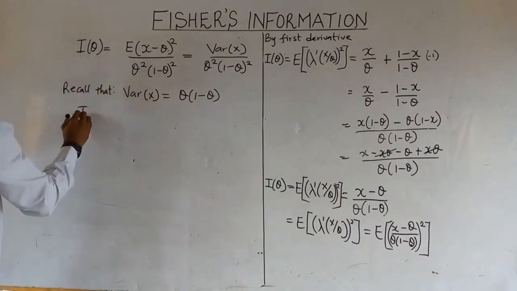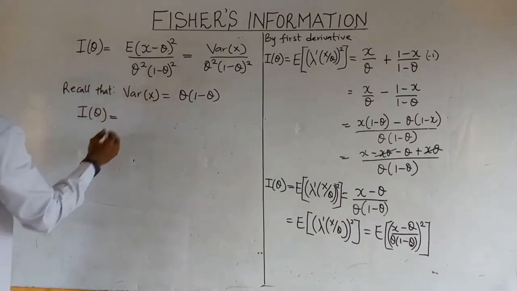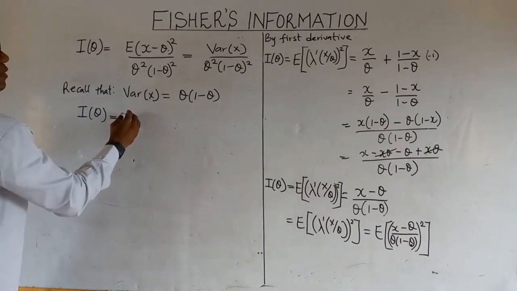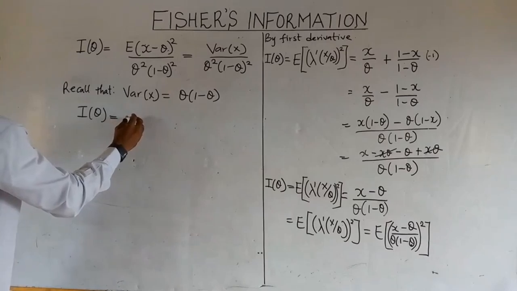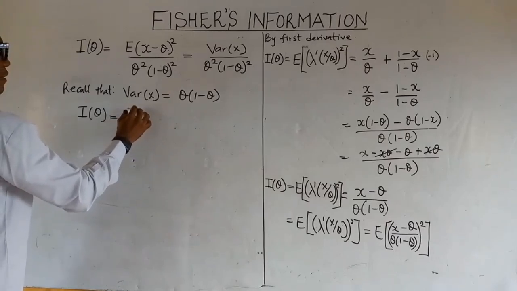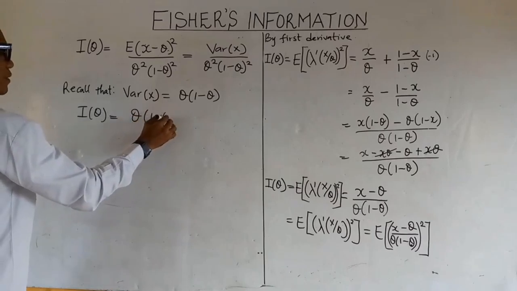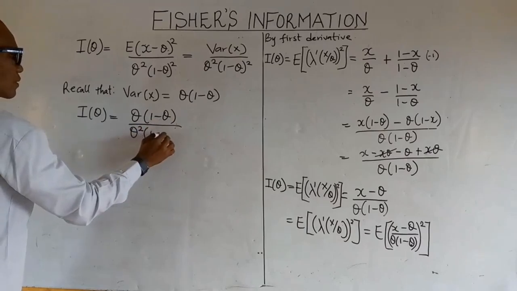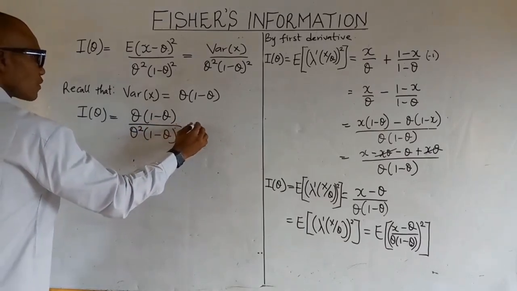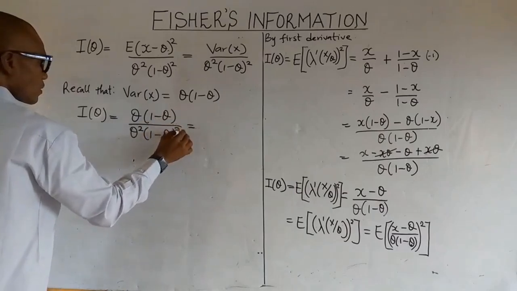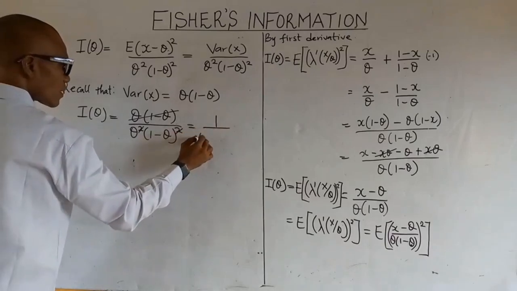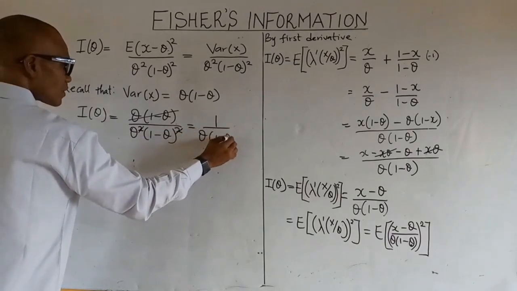If we use it and apply here, we will get as our Fisher's information theta times 1 minus theta all over theta squared times 1 minus theta squared, which will give us, this can cancel this, 1 over theta times 1 minus theta.